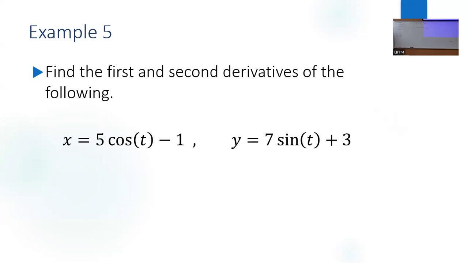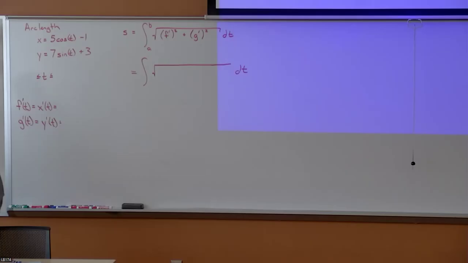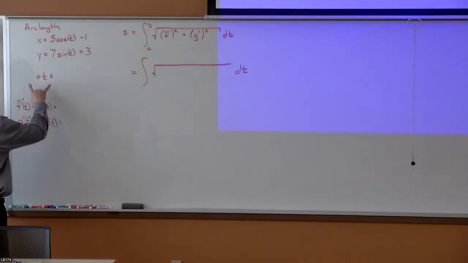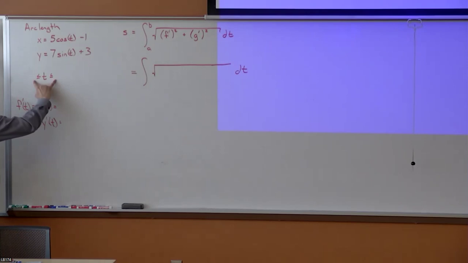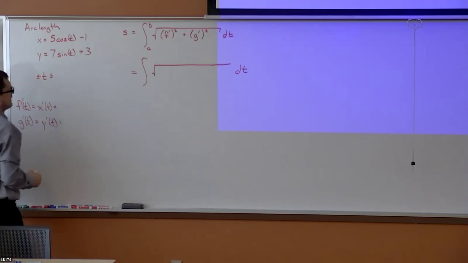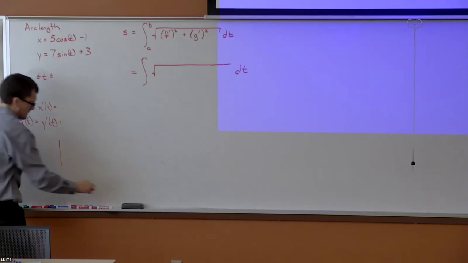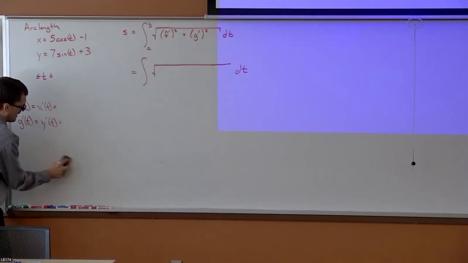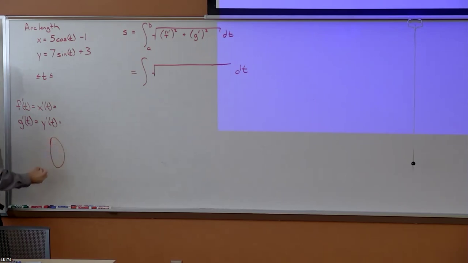Now, if we're going to find the arc length of this ellipse, I have to decide what t values are going to go. And it turns out if you go all the way around the ellipse, this is an ellipse that's a little bit more vertical than it is horizontal.